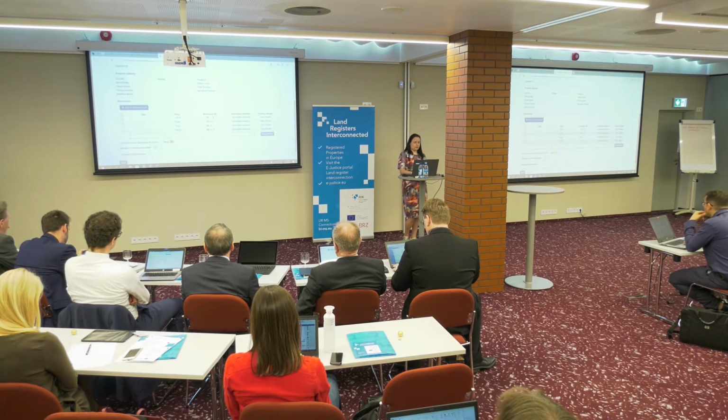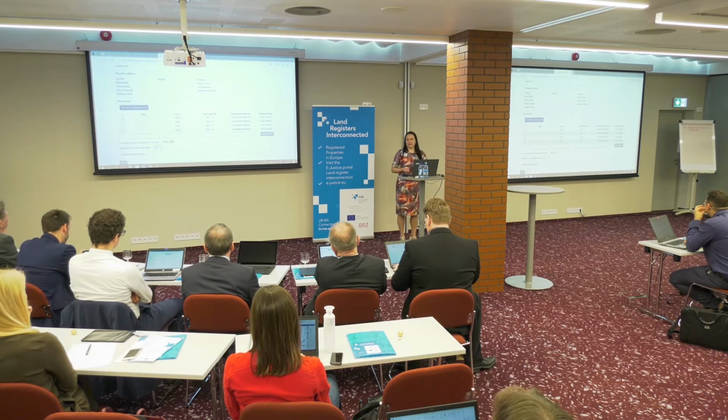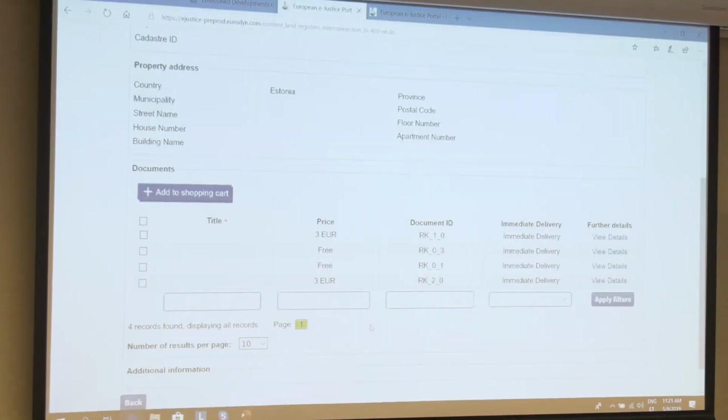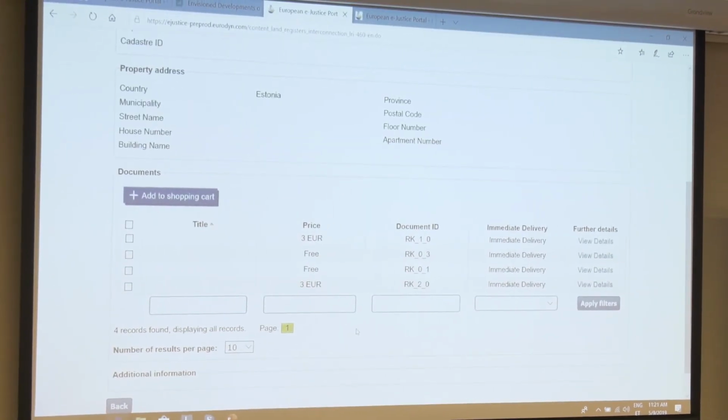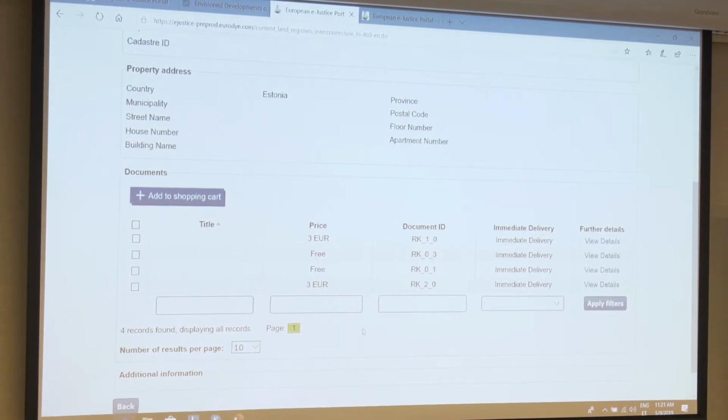And right now in the Estonian case, you will not find the actual documents. We have dummy documents there because there are reasons of rights or access rights, who can see what. And also, in the case of Estonia, if you want to have fuller information regarding the owner, you have to pay €3 for it. Unfortunately, currently the European Commission has not solved the issue of having a proper payment system, so we won't be able to use that current system to actually buy something from there.